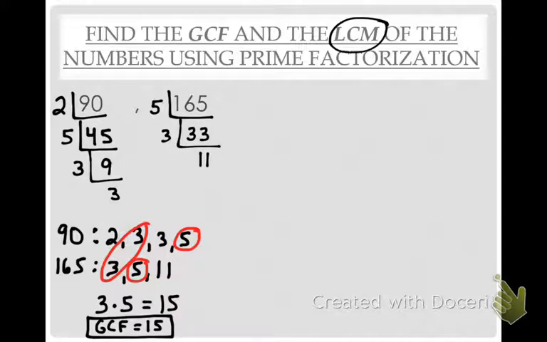Now, for the LCM, you're going to still do things with prime factorization, but I'm not going to make you redo this whole part up here. Instead, all you're going to do is just rewrite the numbers over here in order from least to greatest.